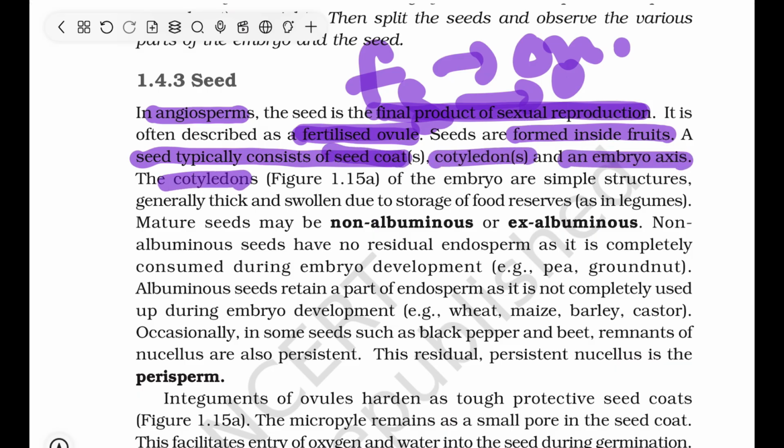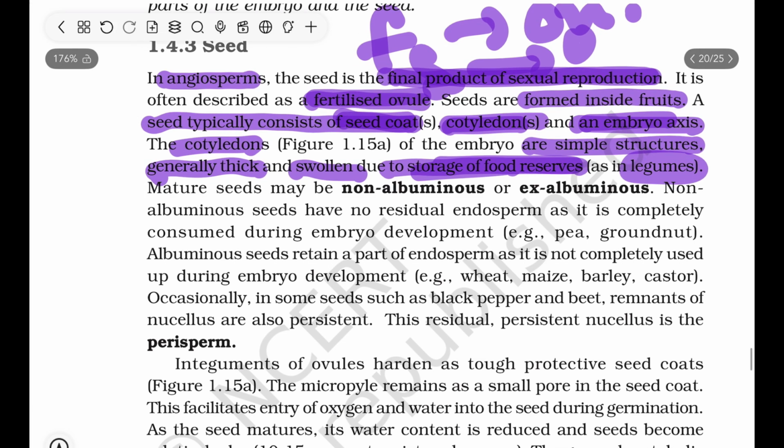The cotyledons of the embryo are simple structures, generally thick and swollen due to storage of food reserves, for example in legumes, pulses and grams.